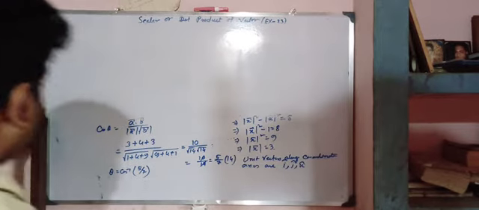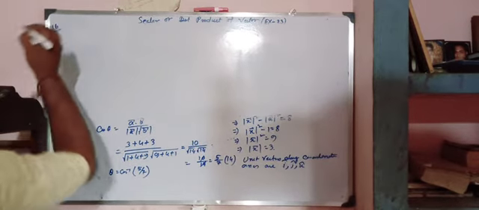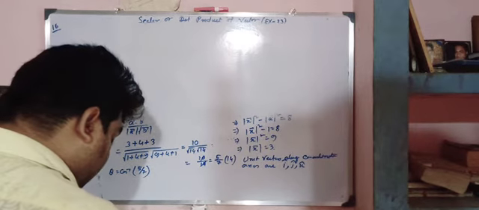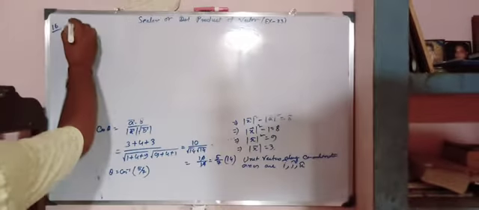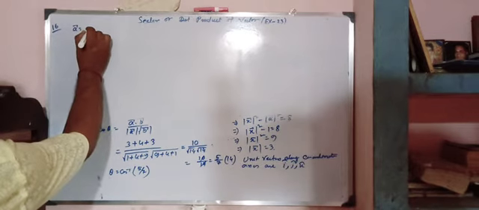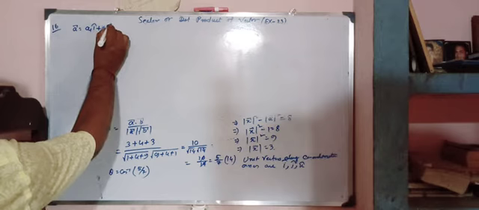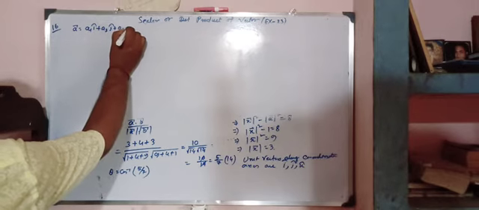Now here it is given question number 16. Find a vector A of magnitude 5 root 2. So let us take A vector equal to A1 I cap plus A2 j cap plus A3 k cap.